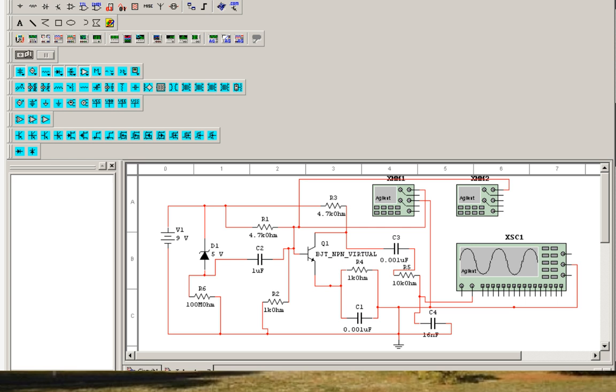Alright, what I'm going to do is I'm going to take this filter. So what we're going to do is we're going to measure, channel 1 is our input.